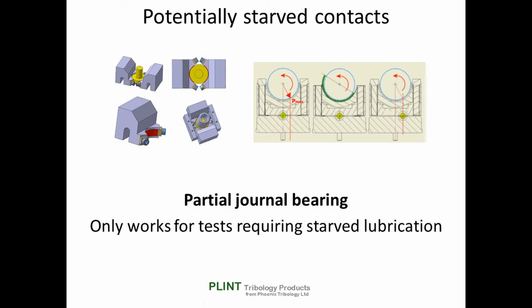With a half journal bearing contact configuration, which includes conforming block-on-ring, this results in the inlet being closed, preventing lubricant entering the bearing contact. Designers of partial journal bearings address this problem by designing bearings with the required preload and offset.